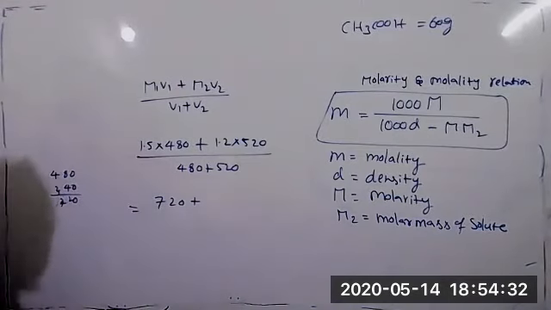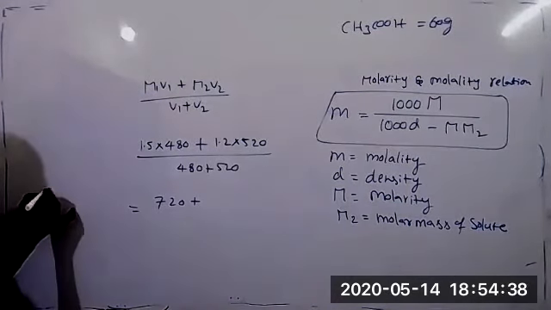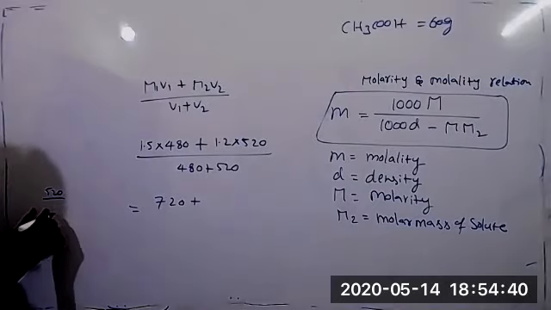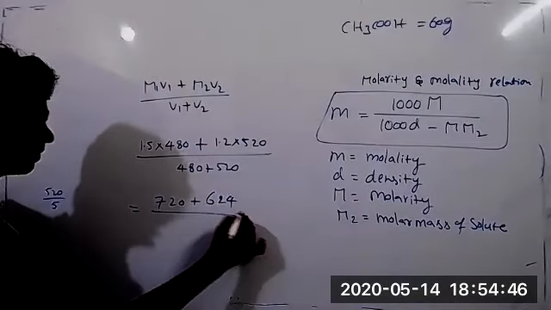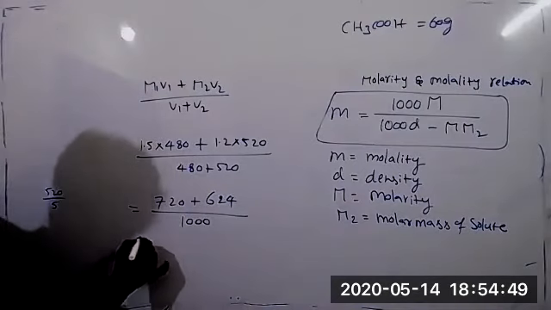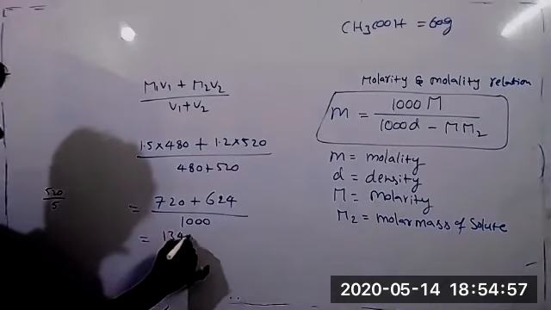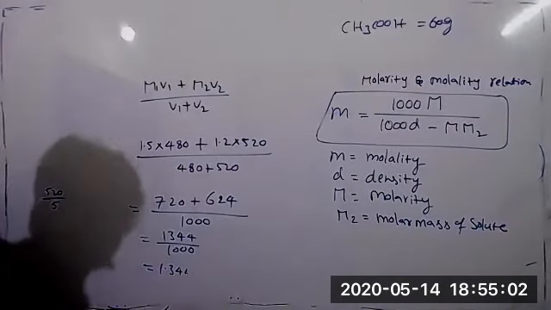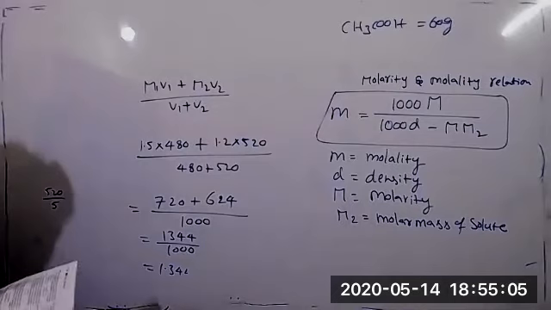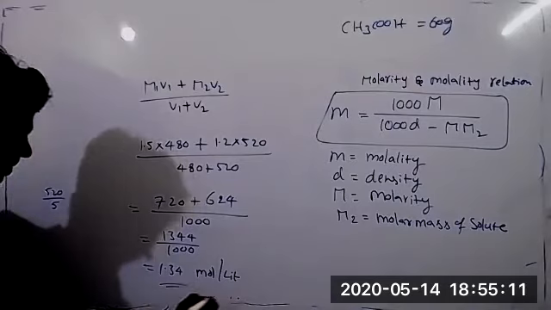This is 520 into 1.2, 624. Let's calculate the total: 1344 divided by 1000, so 1.344. The answer is 1.344 mole per liter. Option B is correct.